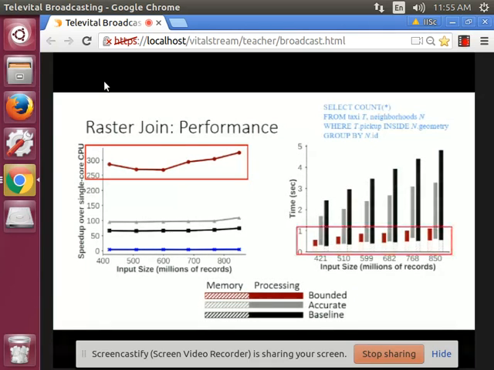And again, when you look at the bounded version over here, roughly the time is split between memory transfer and the GPU processing. And with new GPUs coming in and faster memory bandwidth that's available, this is just going to improve.